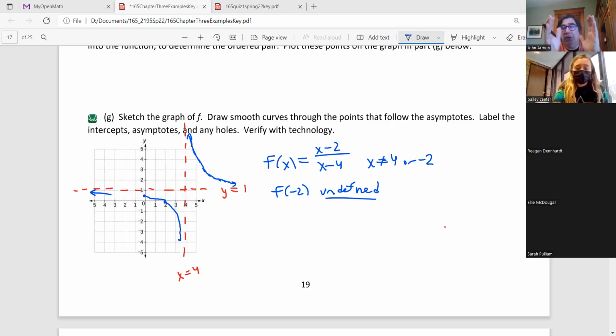We're going -3 to 3, 0 to 2. Trying to figure out what's going on here at -2. It worked. See it? There's a hole there. Right there. It decided not to continue the graph.